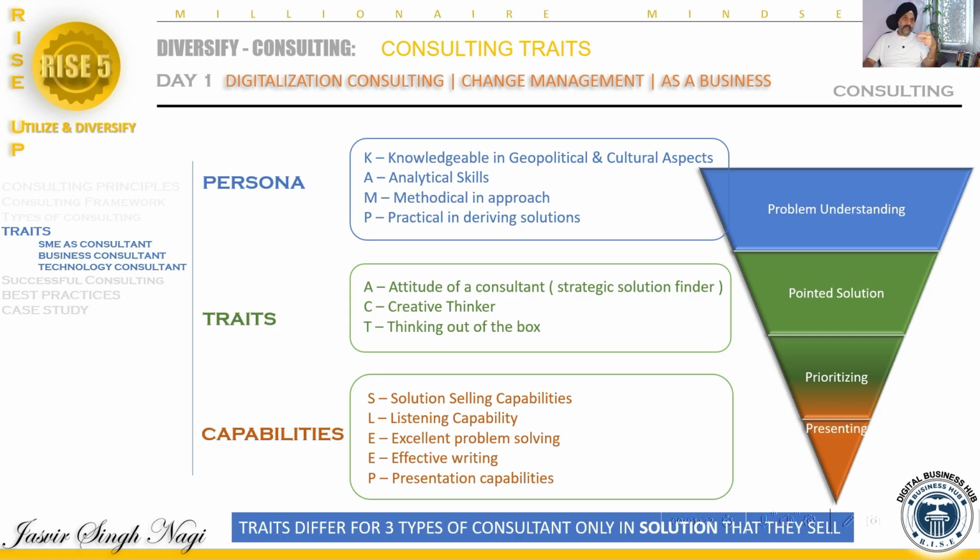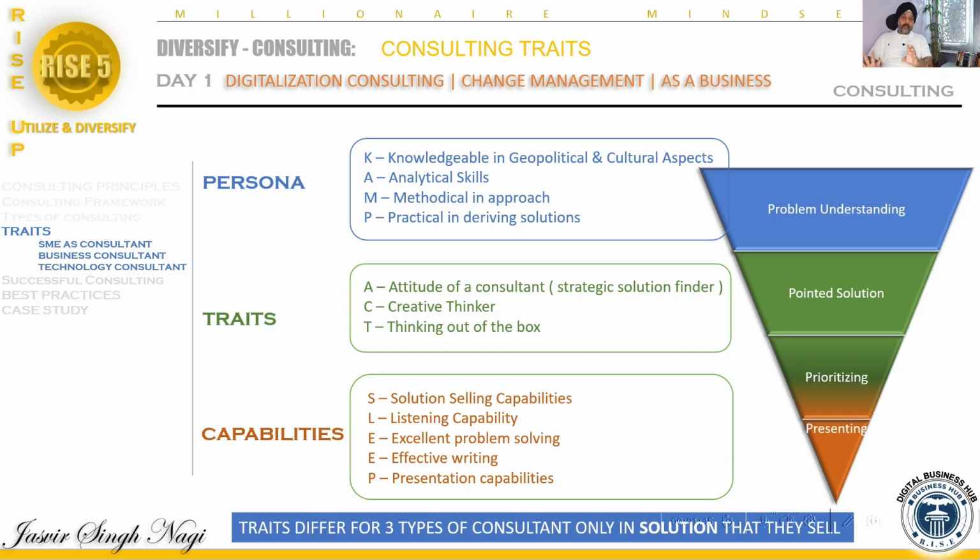You prioritize it, because you don't divulge the whole thing in one shot once you know the solution. You start divulging in smaller pieces after testing the waters in the cultural setup. Then you present the right one which is appropriate for that given scenario, given the ecosystems and the environments and the futuristic solutions and so on.